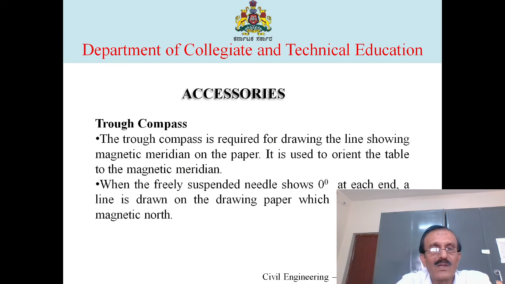The other accessories include the trough compass. The trough compass is required for drawing the line of sight along the magnetic meridian on the paper. It is used to orient the table to the magnetic meridian. When the freely suspended needle shows 0 at each end, a line is drawn on the drawing paper which represents the magnetic north.